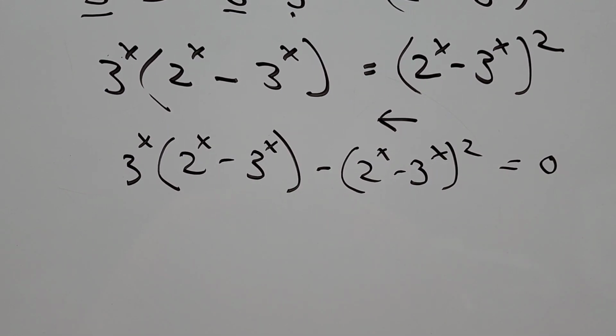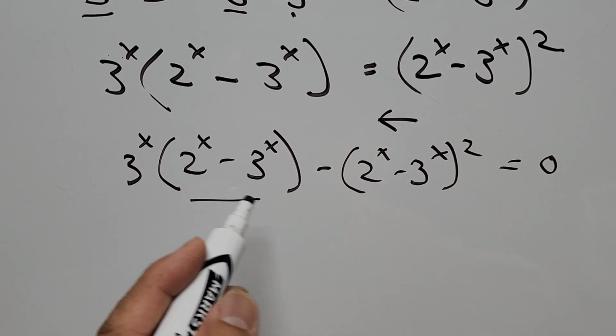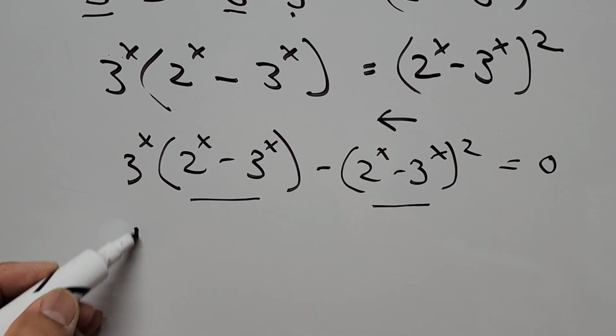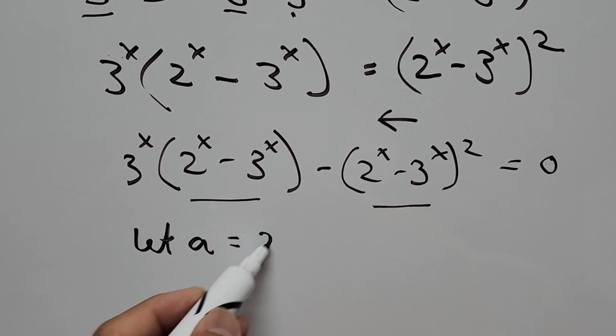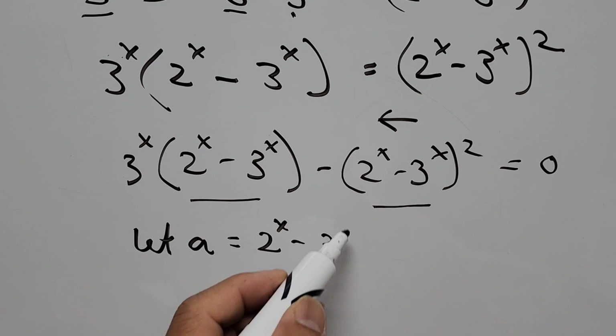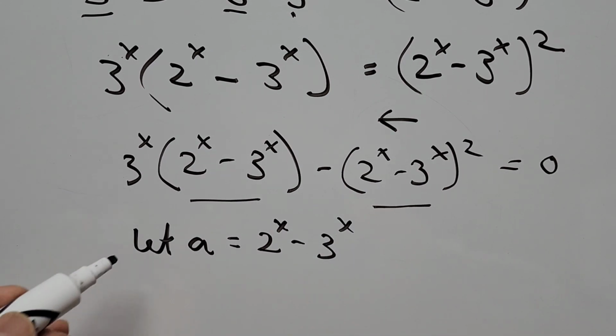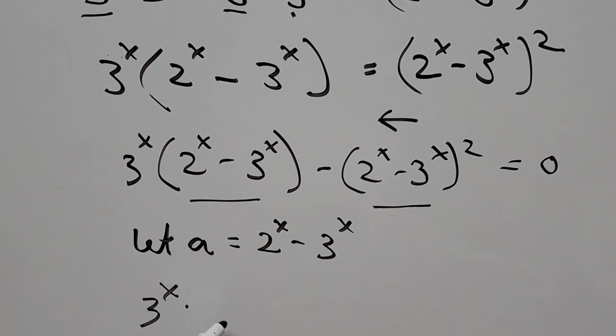So from here we're introducing a new variable to represent 2 to the power of x minus 3 to the power of x. Let a be the value of 2 to the power of x minus 3 to the power of x. Substitute this value into the equation, so we have 3 to the power of x times a minus a squared equals 0.